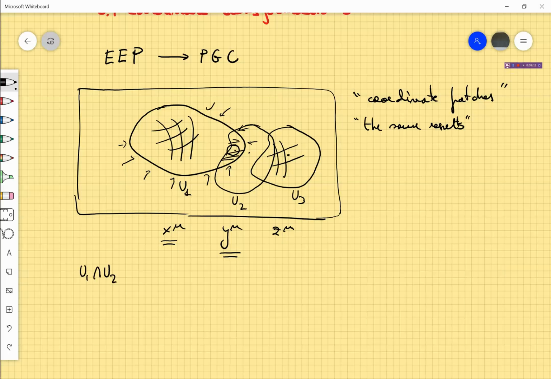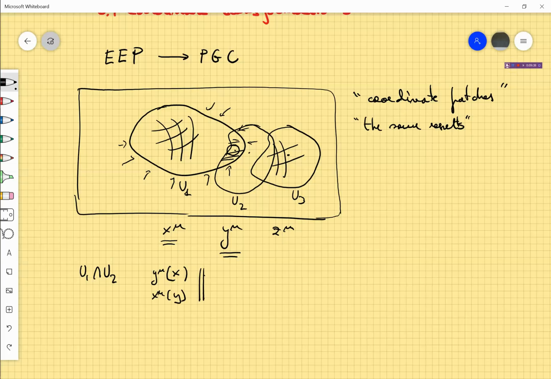Well, it certainly means that we have expressions of the coordinates y^μ in terms of the x's, and that this expression is one-to-one and therefore invertible, at least in that intersection. Okay, so this will exist, and this change should also be differentiable.